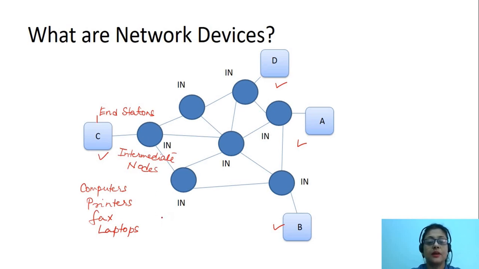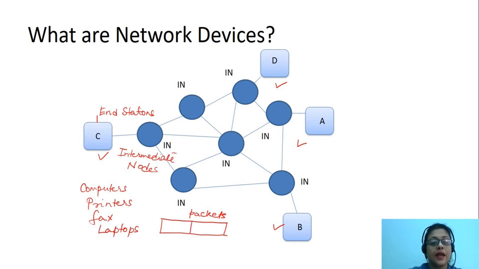Let me explain here. A message may be hundreds and thousands of bits long. So a message can be divided into smaller data chunks which are known as packets. So basically a message consists of a large number of packets.